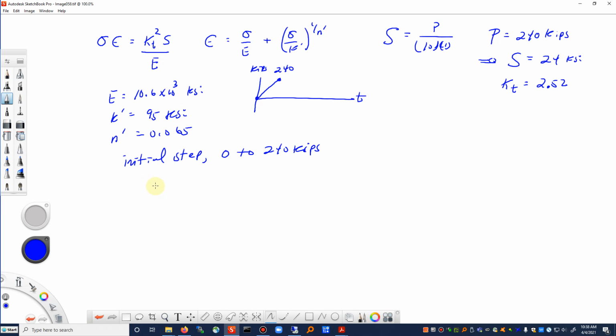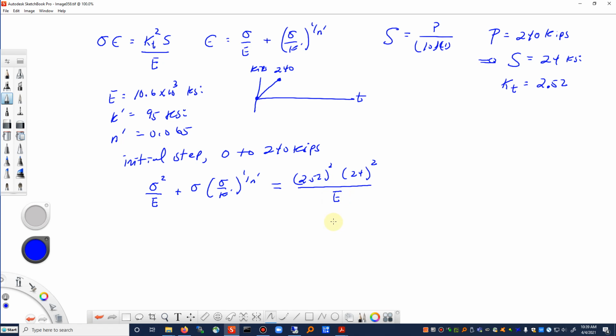So on the left-hand side, I'm going to have a sigma squared over E. I'm going to leave this as the symbol E, but we know what that value is. Then we're going to have a sigma times a sigma over k prime to the 1 over n prime power. And on the right-hand side, we're going to have our kt squared, our s squared. I'm going to do everything in KSI units. And then our modulus of elasticity, E. Again, I'll leave that as a symbol.